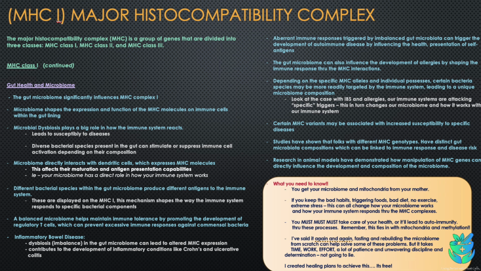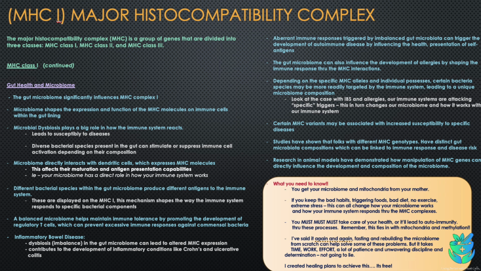The gut microbiome also significantly influences the MHC complex 1, or class 1. Microbiome shapes the expression and function of the MHC molecules on immune cells within the gut lining. Microbial dysbiosis plays a big role in how the immune system reacts, which leads to susceptibility to diseases.